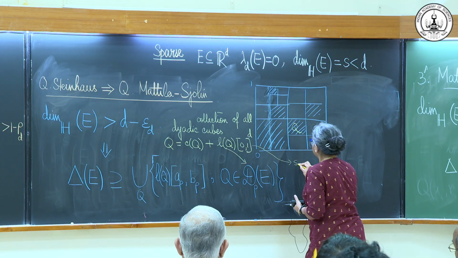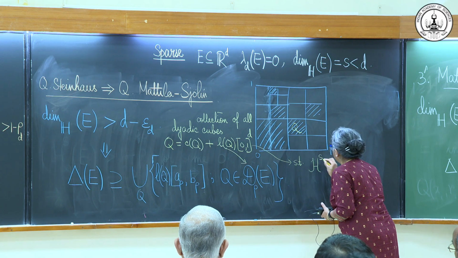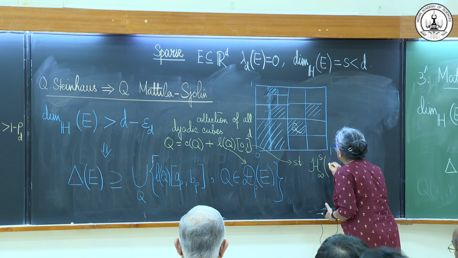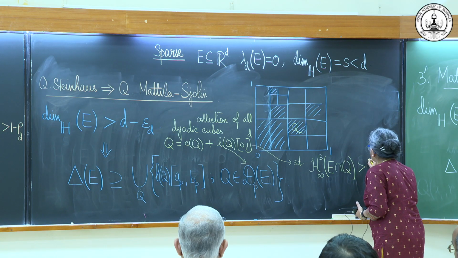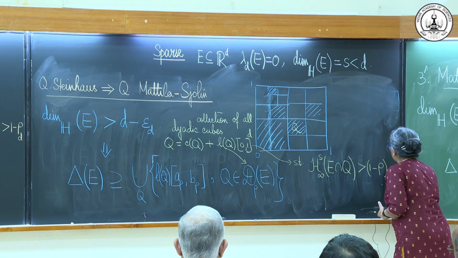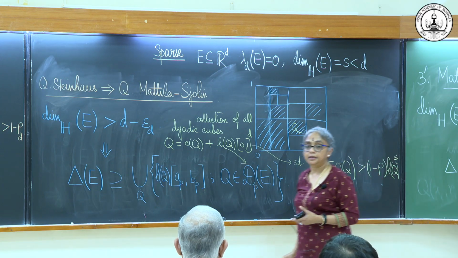Such that when you look at the s-dimensional Hausdorff content of E intersected with Q, that exceeds 1 minus rho times the length of Q to the s. Okay.